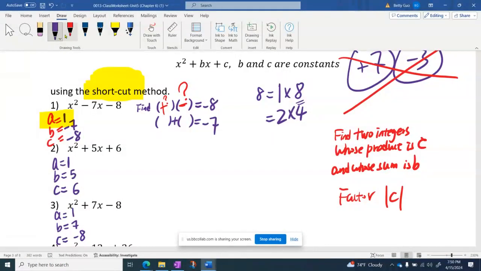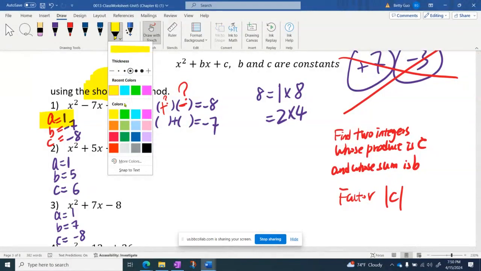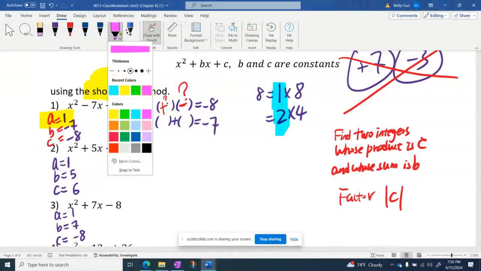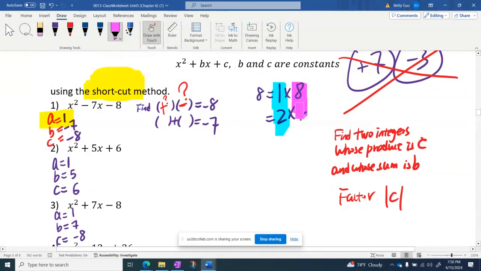Let me show you with colors. The first column is blue. The second column is purple. As you can see, for each pair, the purple column has a bigger absolute value than the blue.